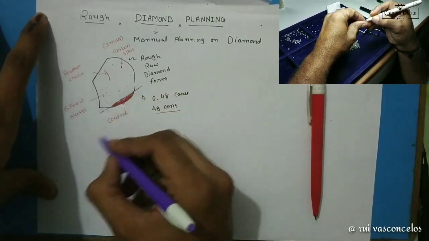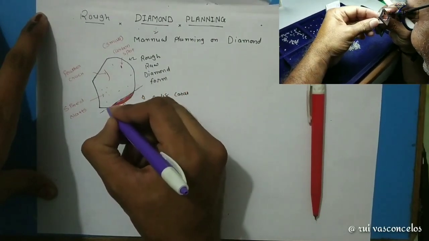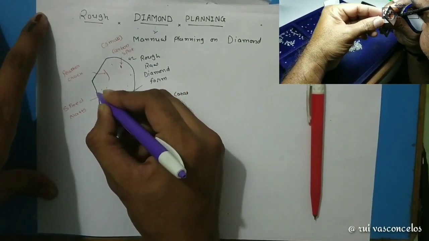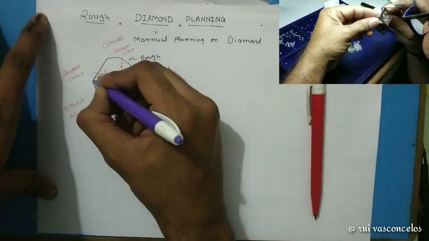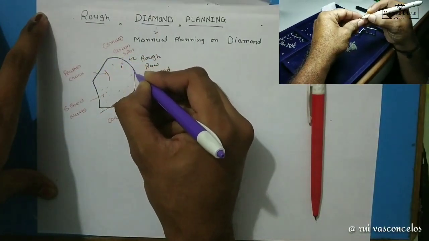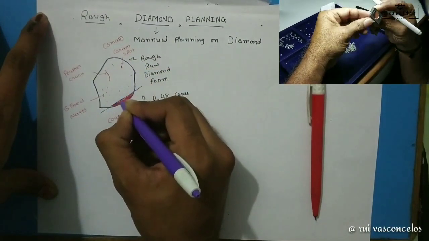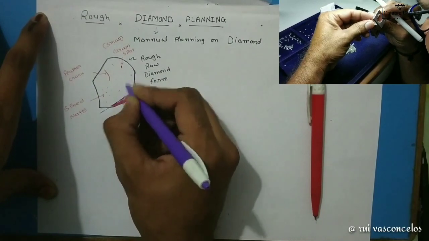Now look at this. We have only this diamond, which we get after laser sawing.